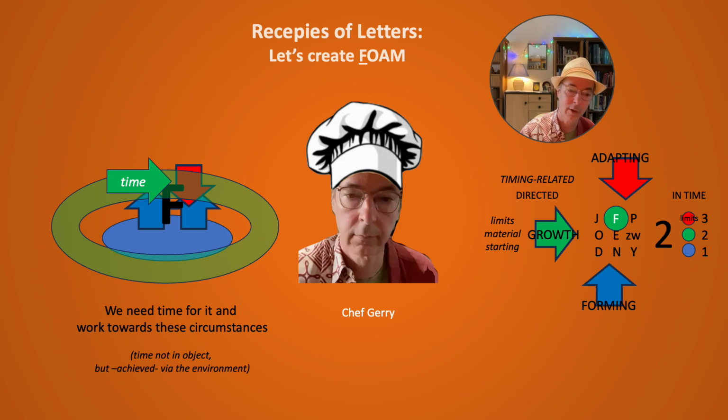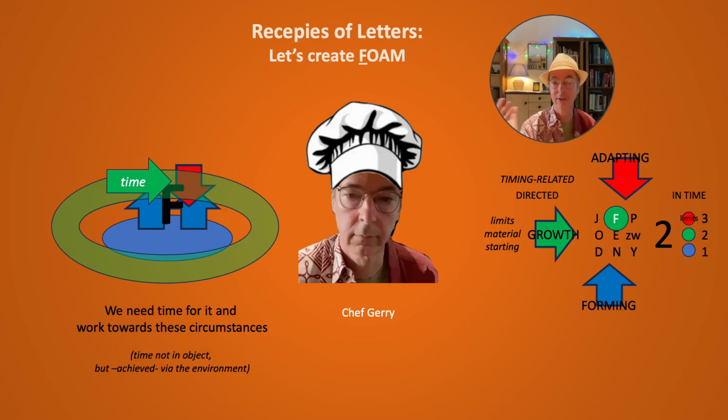We work towards circumstances, and these circumstances are not from the object itself. They are in the environment. So that's what you need to deal with. If you have a timed aspect, it's not just about the time that is in the object itself, it's also the circumstances in the environment that play along. That's the mindset you have to understand the letter F, where the letter F is.